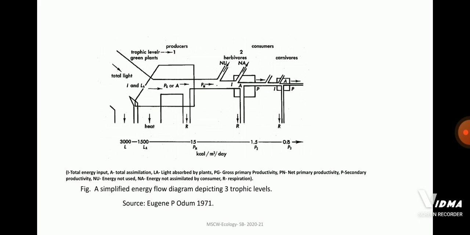Capital NA will give you the information about the energy not assimilated by the consumers, while capital R will give you the information about respiration. The bottom line in the diagram shows the order of magnitude of energy loss expected at major transfer points, starting with a solar input of 3000 kilocalories per square meter per day.